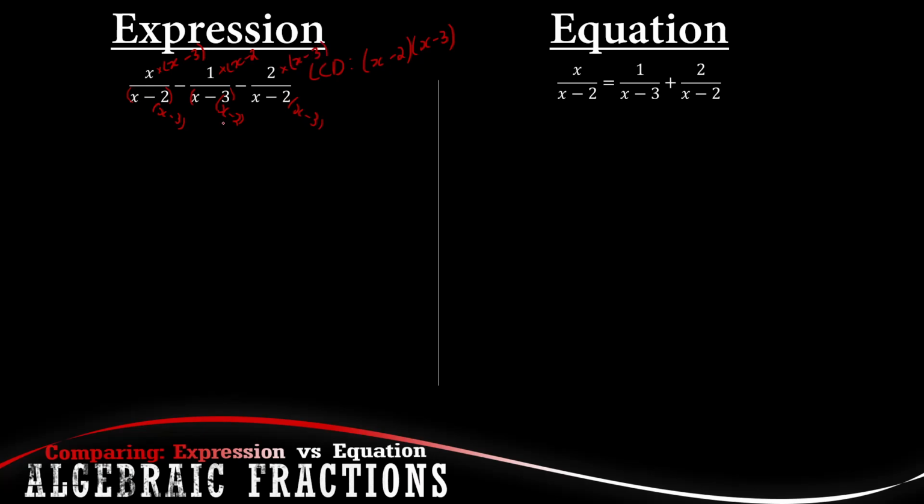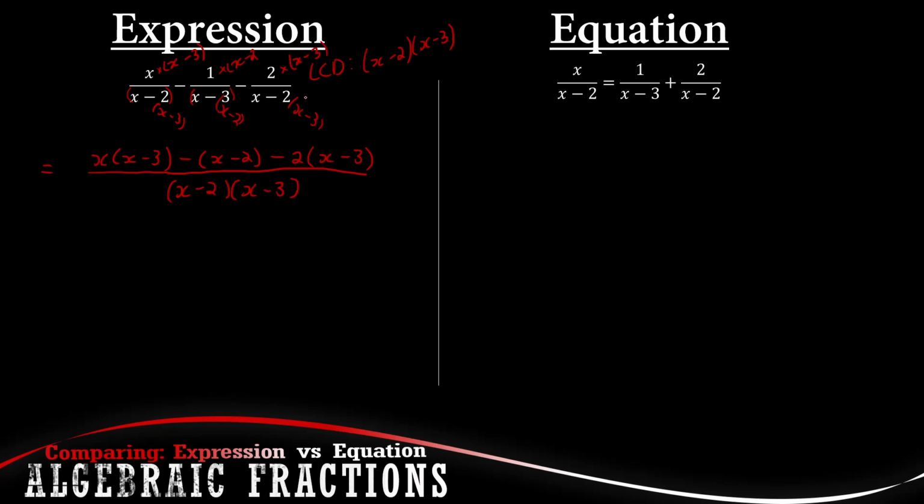Alright, then putting them over a long dividing line, it looks as follows. We say x minus 3 minus x minus 2, be careful to keep the bracket there because of the negative, and then minus 2 x minus 3. And we can directly put it over a long dividing line, so we have x minus 2 and x minus 3.